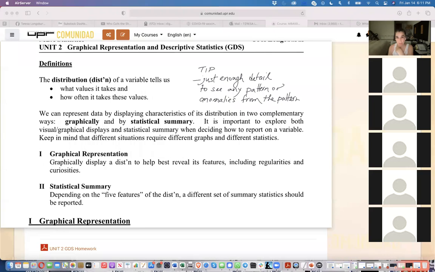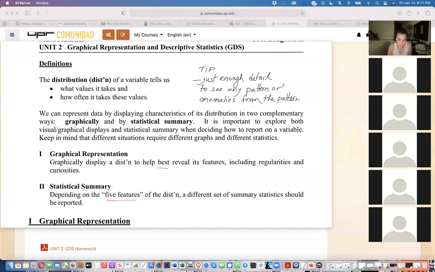If you put too much detail, you can't see anything. And then, depending on the 5 features of the distribution, which we'll discuss, so we're going to discuss what's best, a different set of summary statistics should be reported, okay?